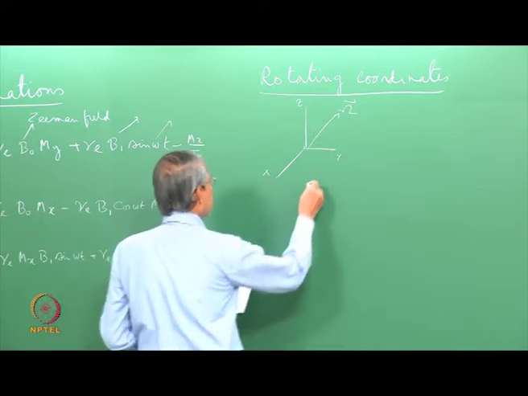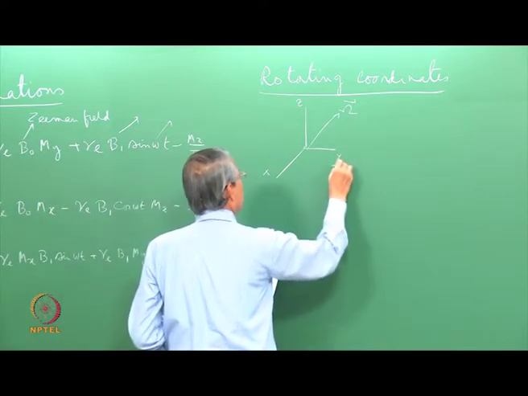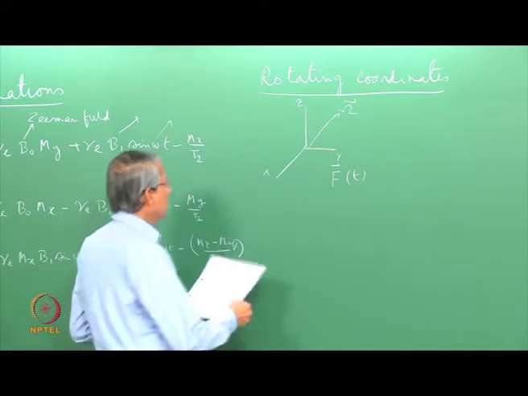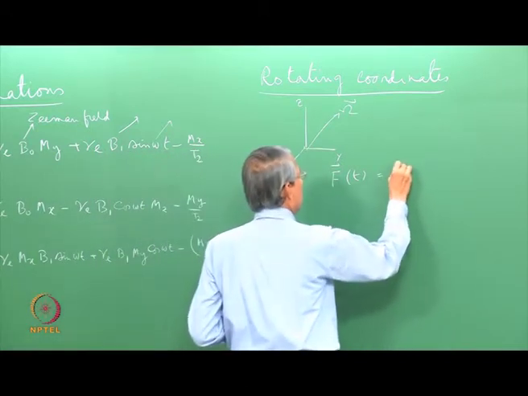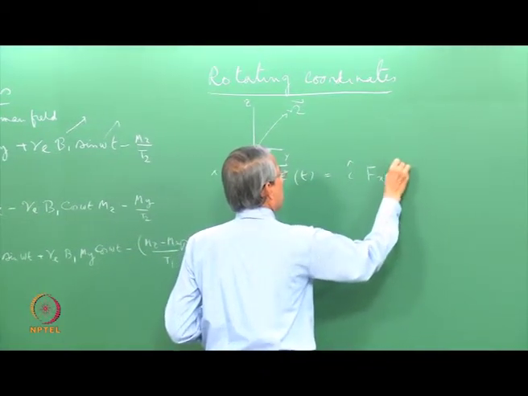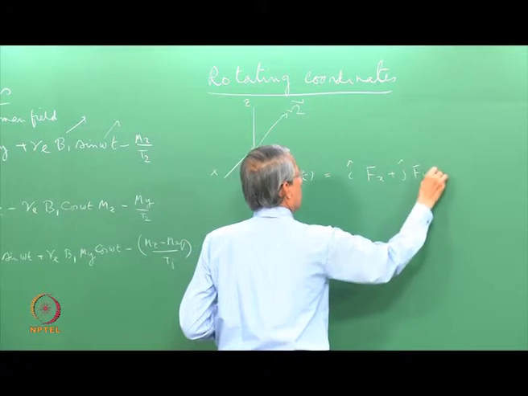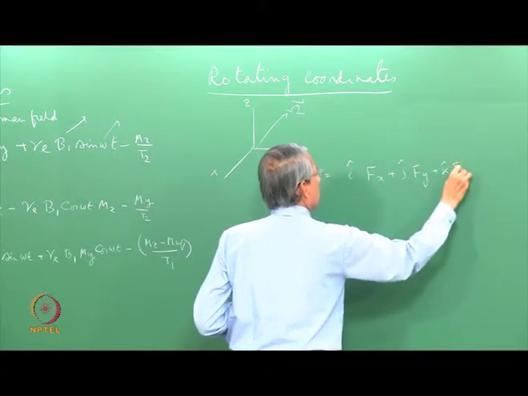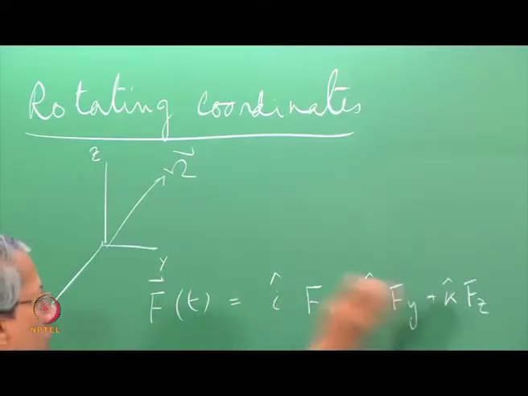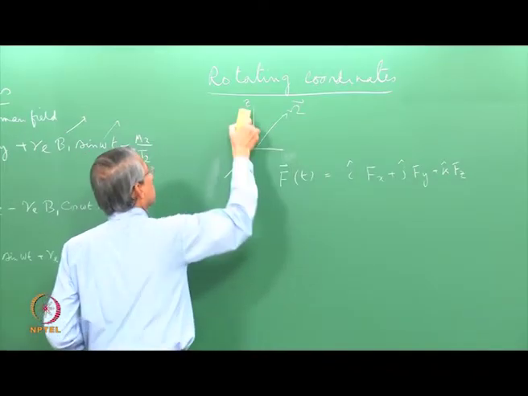Suppose I have got a vector f which is a function of time. This could be written in terms of our usual coordinate system, which is, let us say, the laboratory coordinate system x, y and z.